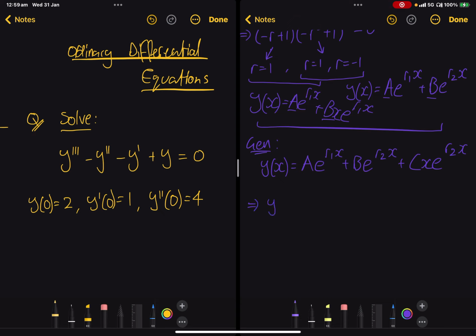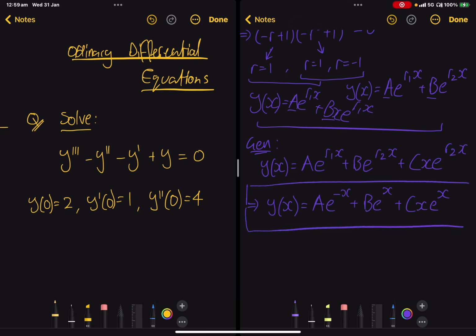So our general solution is y(x) = a e^(-x) + b e^x + c x e^x. And this is our set of solutions to this third order differential equation. It is third order because the highest derivative is a third derivative.